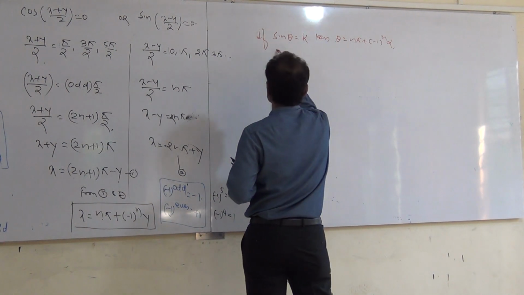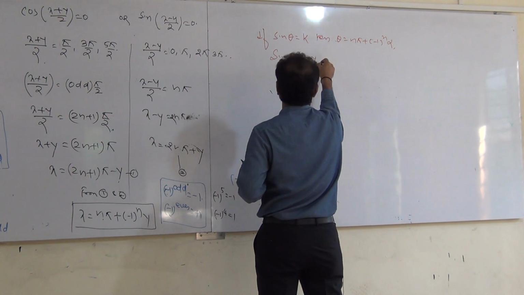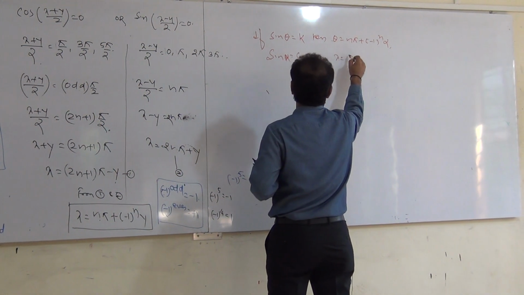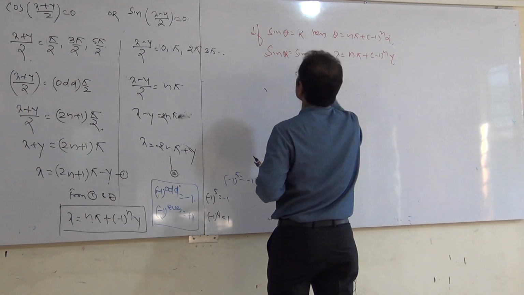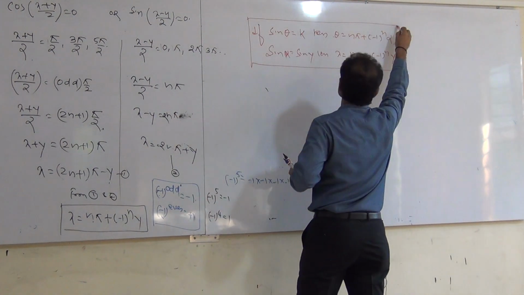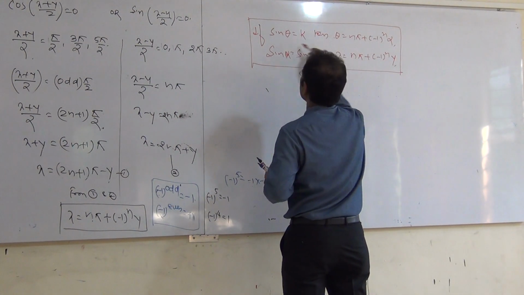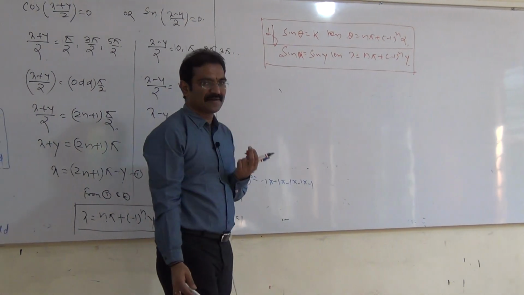You write like this. Or sin x is equal to sin y, then x is equal to n pi plus of minus 1 raised to n y. Both of the statements are same. I have written theta and alpha, but here it is written in terms of x and y.